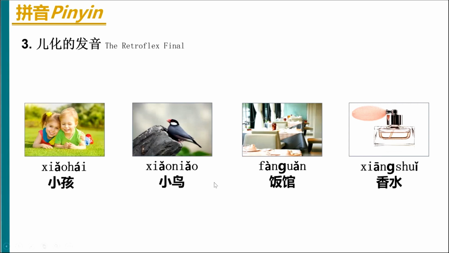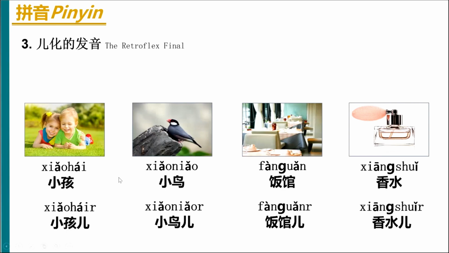While when we're pronouncing these words, we don't actually sound it like this, but we pronounce it like 小孩儿, 小鸟儿, 饭馆儿, 香水儿. You see, at the end of these words, we add this sound.